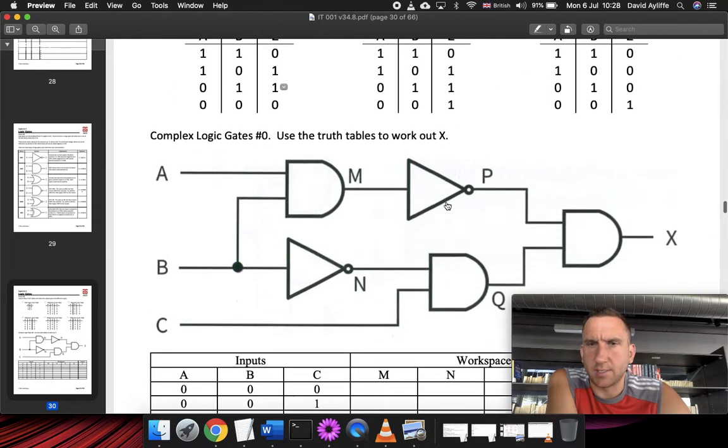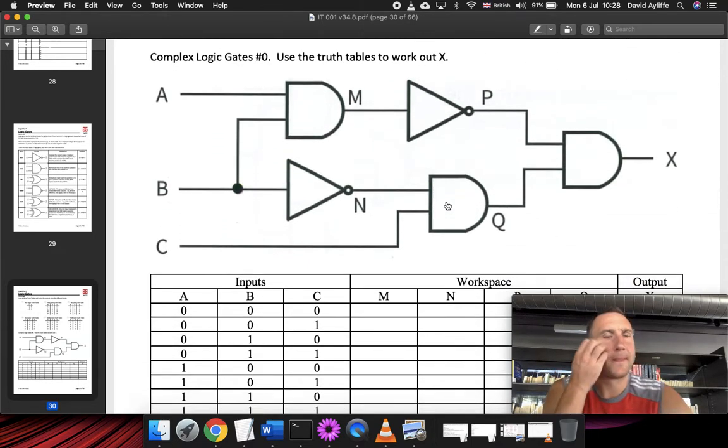So let's have a look at an example. Here we've got 3 inputs, A, B, and C. This gate is an AND gate. This is a NOT gate. This is a NOT gate. This is an AND gate. And this is an AND gate.